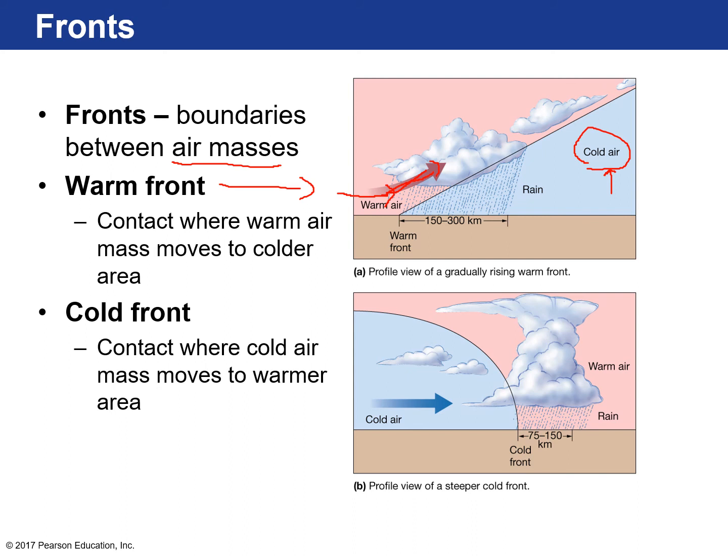You have this gradual slope of warm air being pushed above the cold air, and then you have moderate rain. The clouds get higher and higher, or as if you're sitting here and the frontal boundary is moving in this direction, the clouds will become lower and lower as the warm air mass approaches.